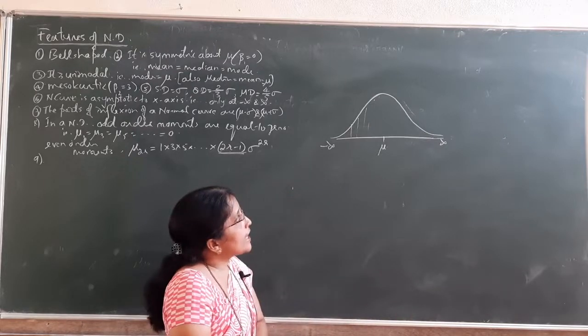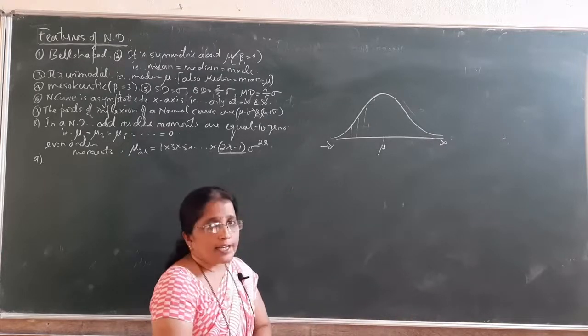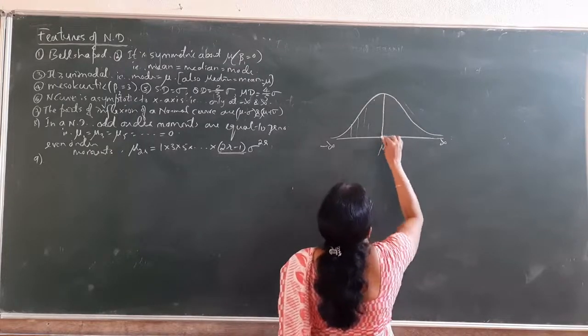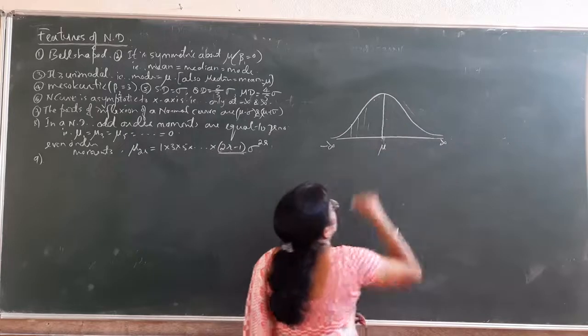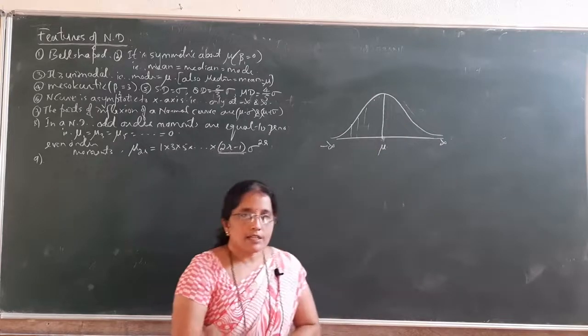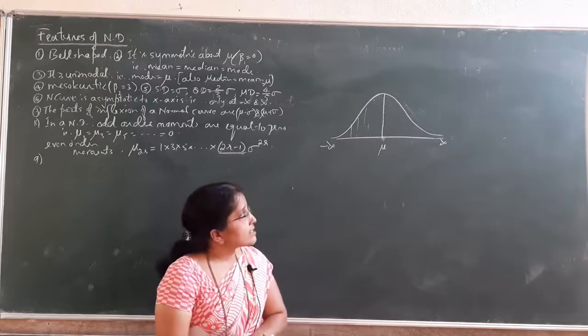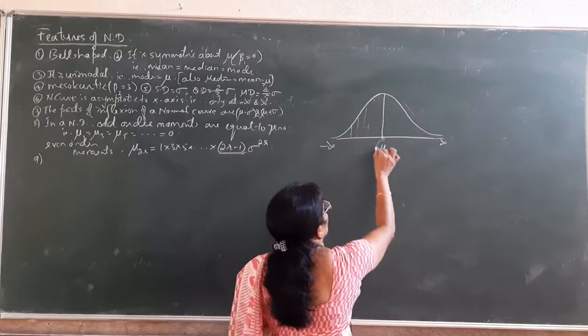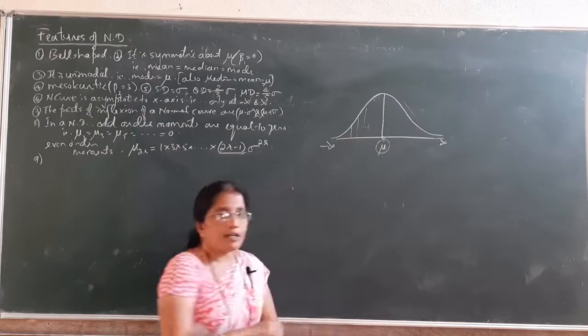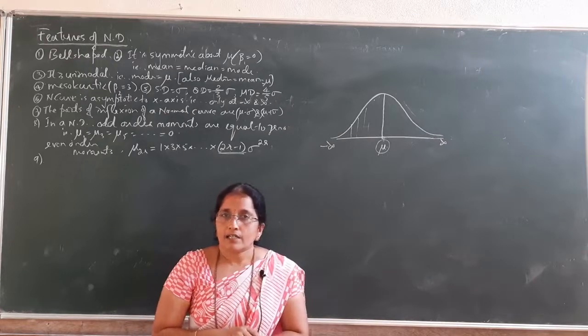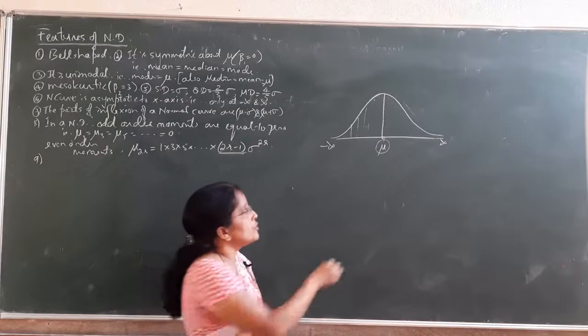Among those heights, we can observe this is the maximum height, right? Hence we can say the maximum probability occurs at x is equal to mu. So, in a normal distribution, the maximum probability occurs at x is equal to mu.